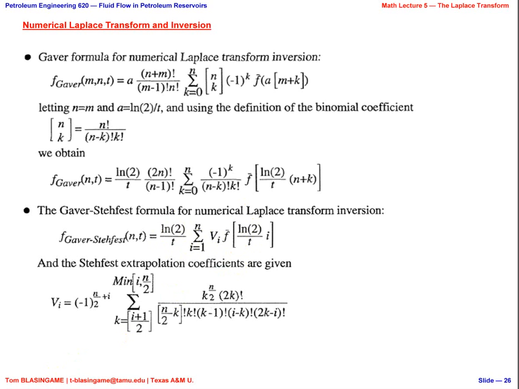In this case it is pretty simple. You can find this in tables. This inversion exists, but let's say that it doesn't.